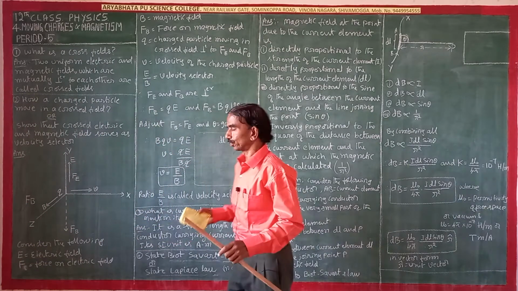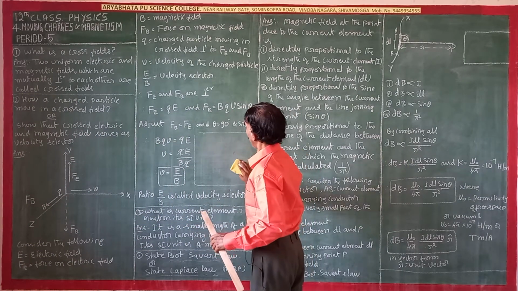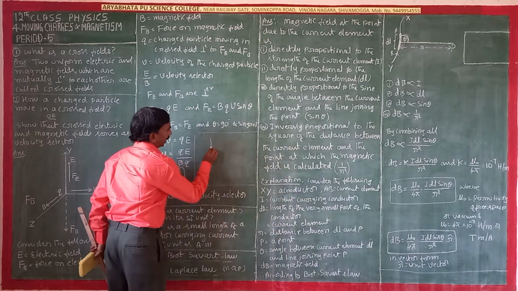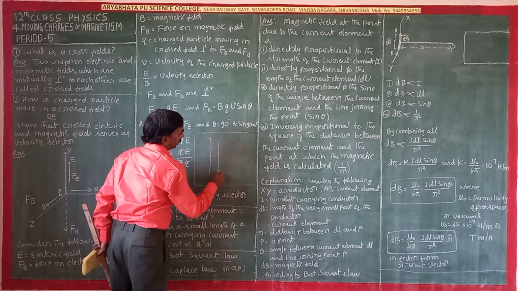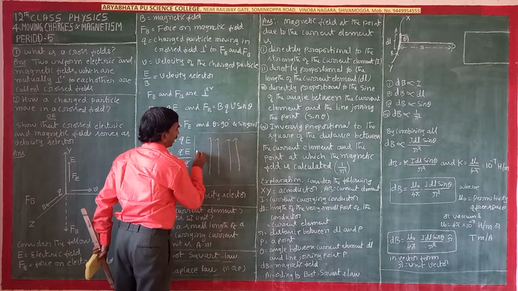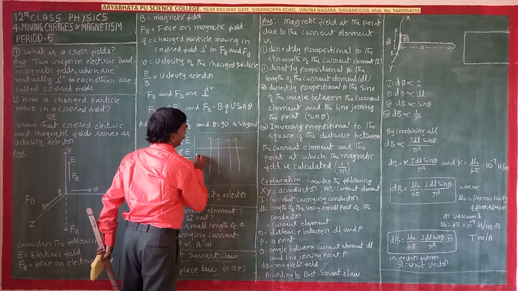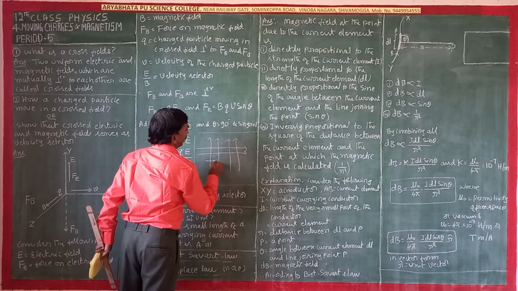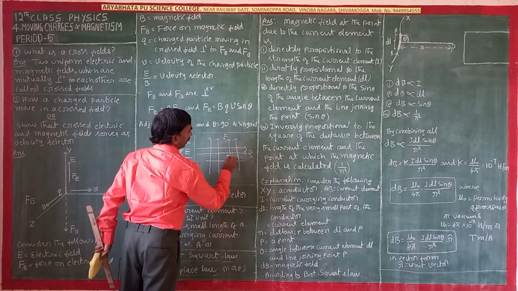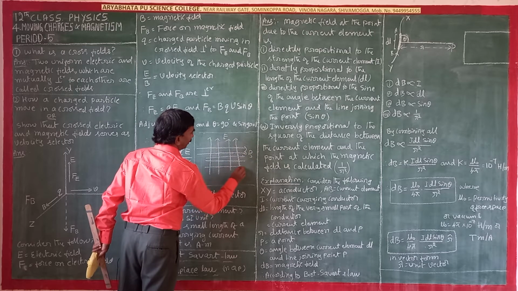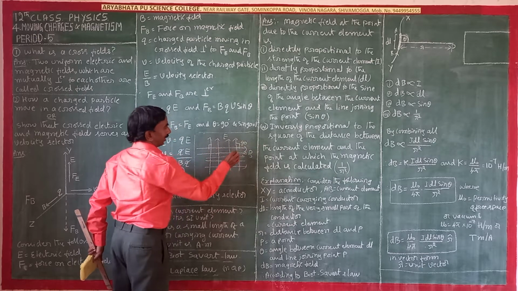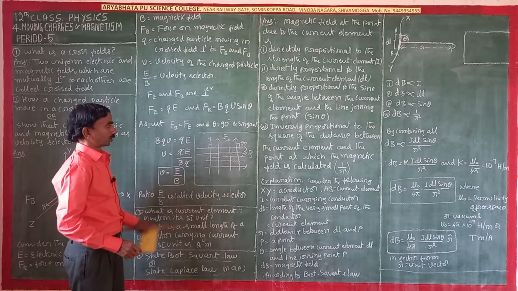Crossed means it is a perpendicular field. Here there is an electric field in this direction. If a magnetic field is in this direction, electric field is E and magnetic field is B. If the magnetic field and electric field are crossed, which is 90 degrees, perpendicular, then it is a crossed field.